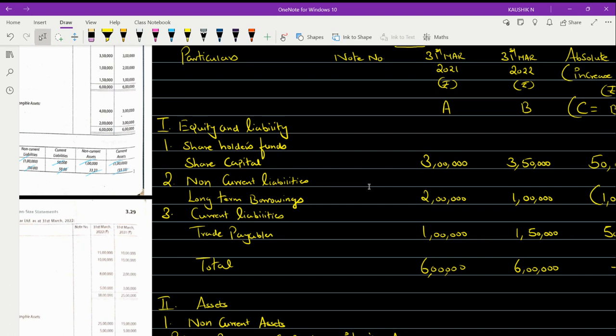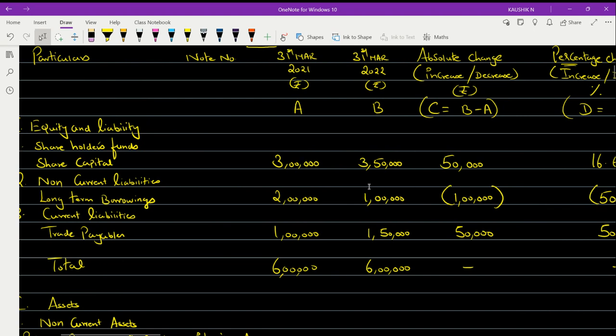The balance sheet total will be equal for a particular year, but it can't be said that for both years it should be the same total. That will vary from problem to problem. In this problem, both years show the same value. If it is not equal, then what do we have to do, sir? In the same way as you did for the previous line.